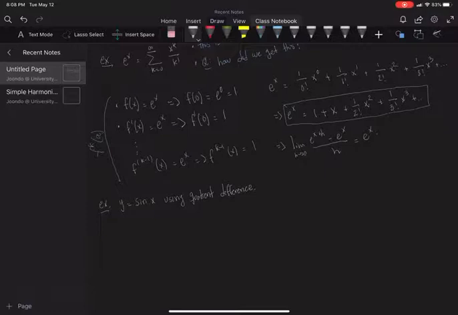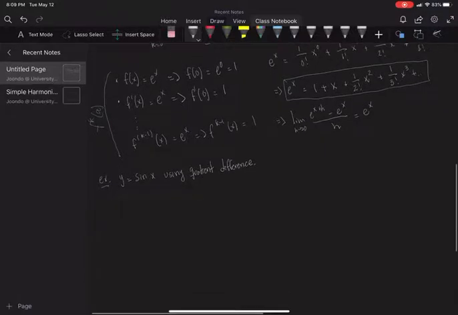And then after we get the proof of that, let's try to solve for the Taylor series of the corresponding things. Okay, so, if you use the quotient difference here, f of x plus h is sine of x plus h.